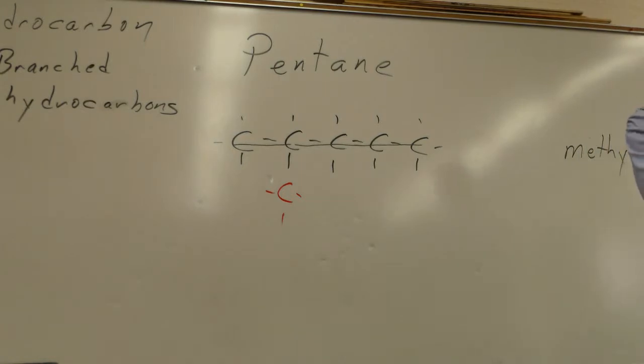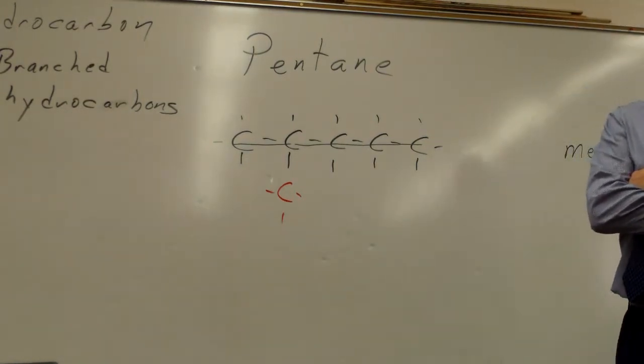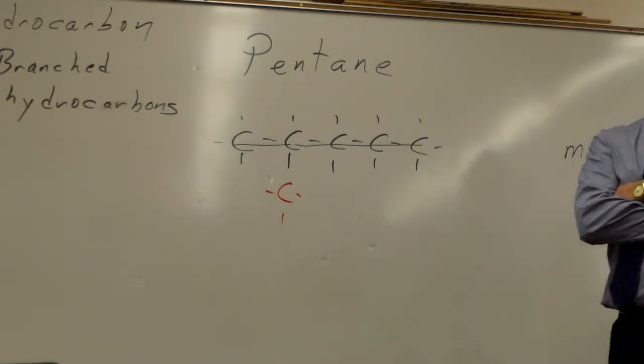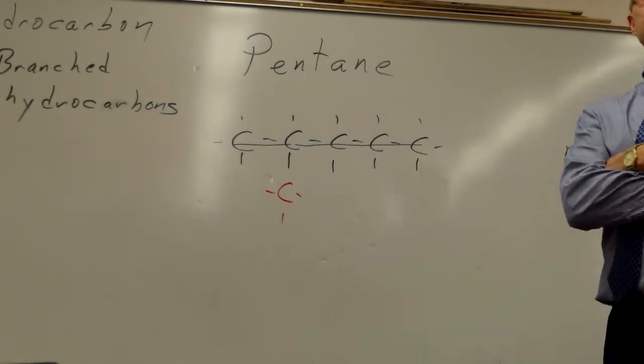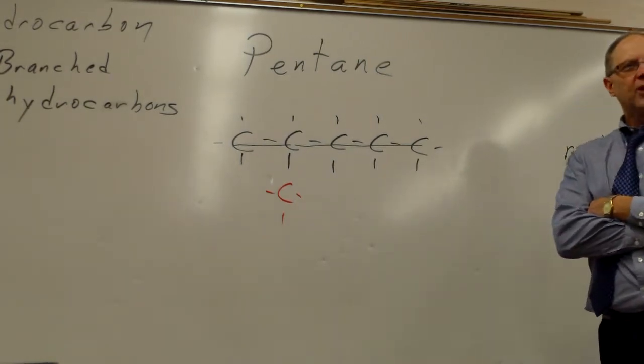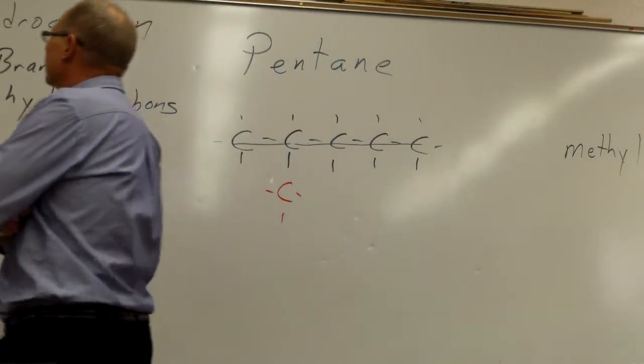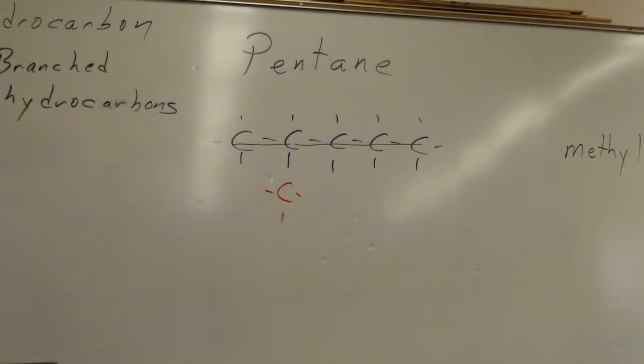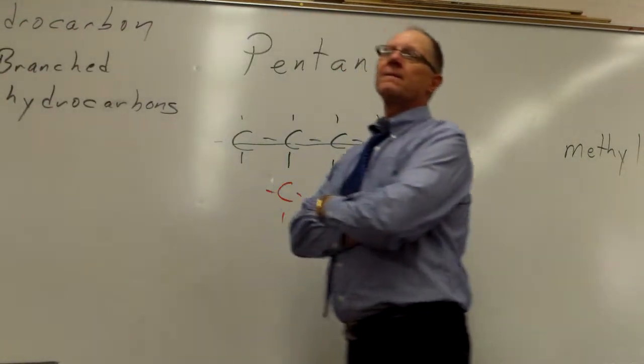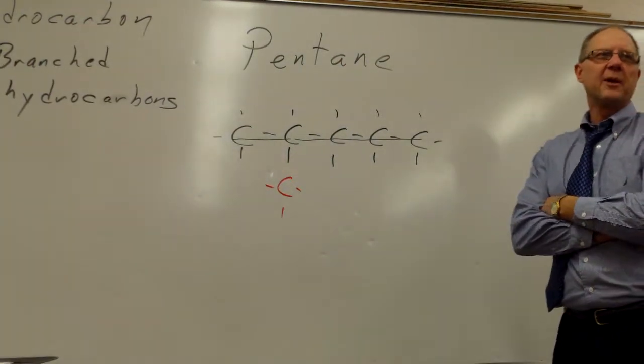One illustration will make that all very clear. Once again, number your main chain in such a way that your side chain is on the lowest numbered carbon. All right, what does that mean?